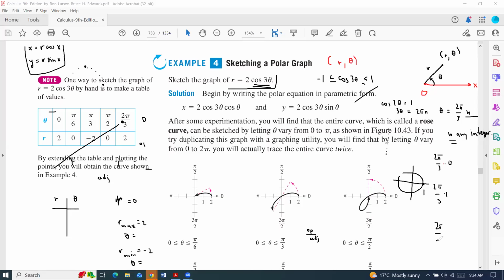So there are multiples of 2 pi over 3. If I think about the unit circle, then it's going to be an angle measured 0, or 2 pi over 3, which is 120 degrees, and then 4 pi over 3.